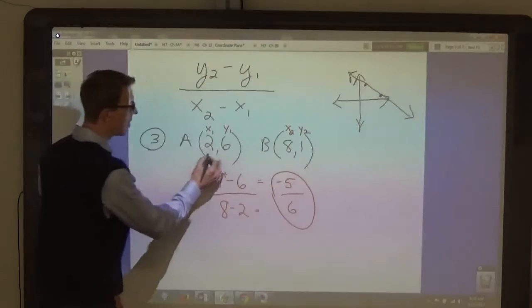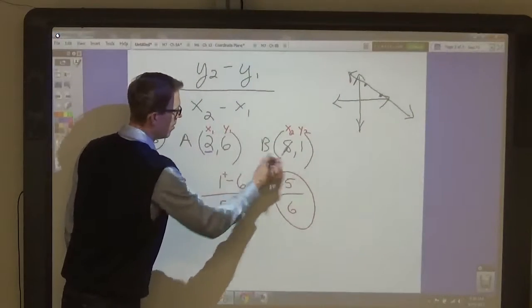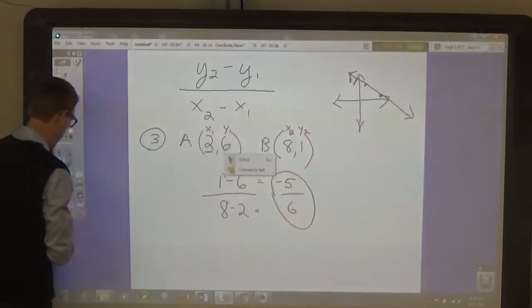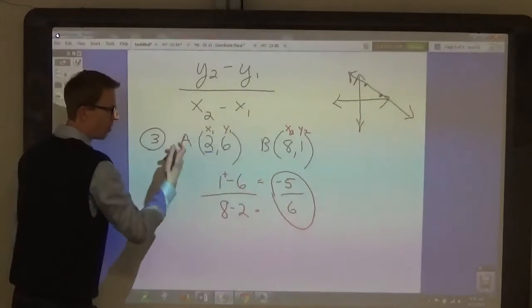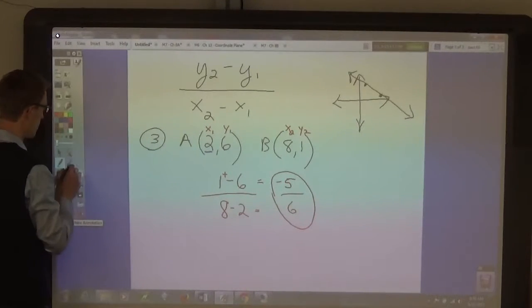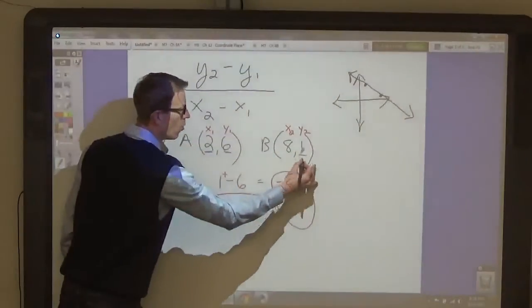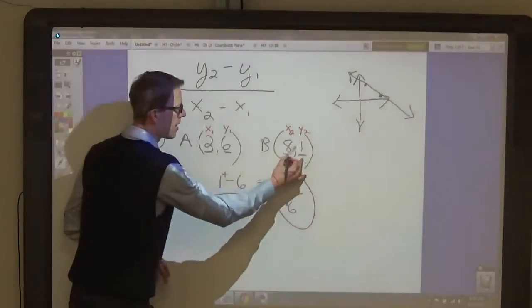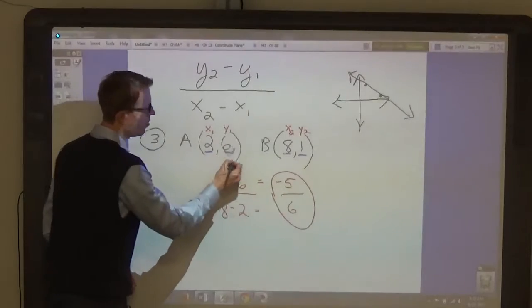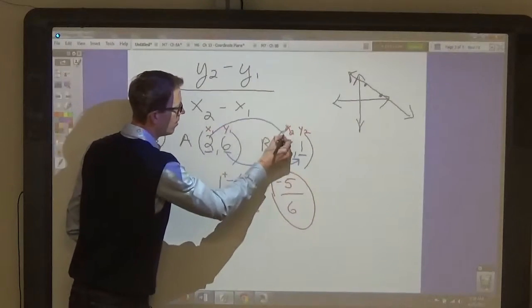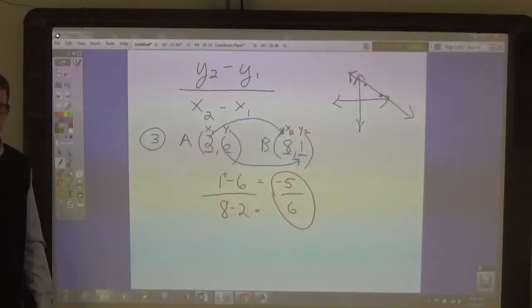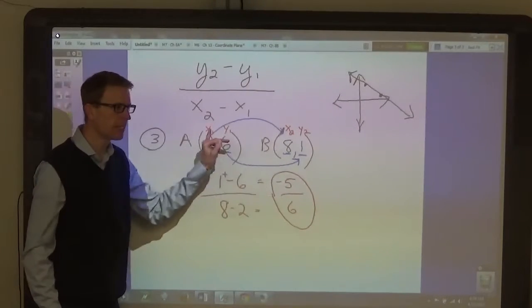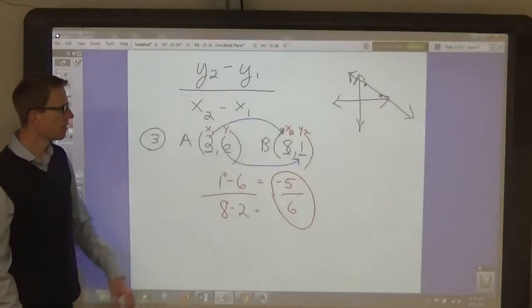Now, would you get the same answer if you did them in the opposite order? So if you did 6 minus 1, and then 2 minus 8. Could you do them in that order and get the same answer? What do you think? Yes. Yeah, because as long as you keep the same order, you're still going to get the same ratio.